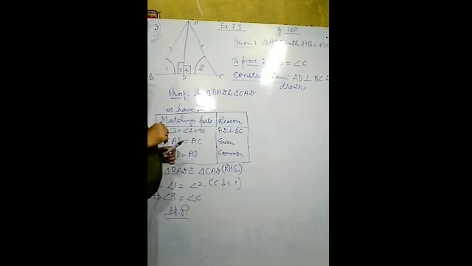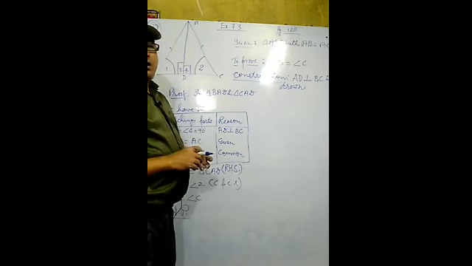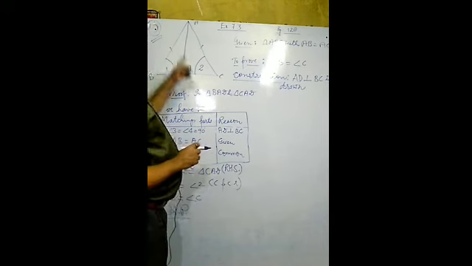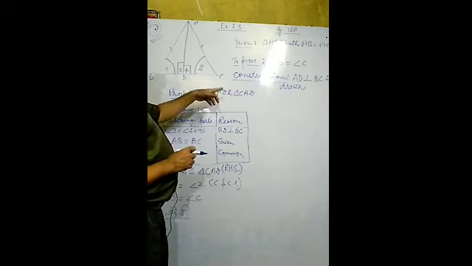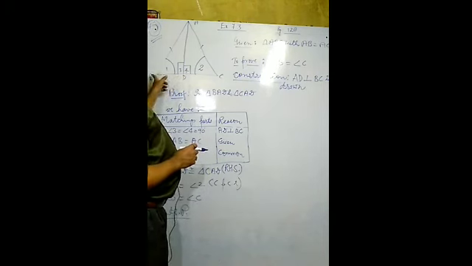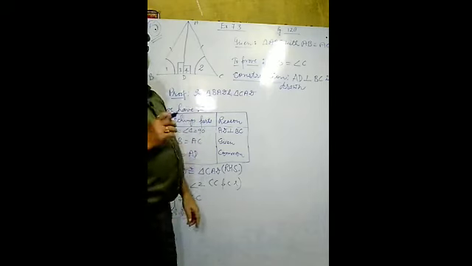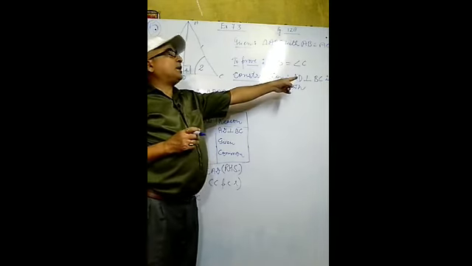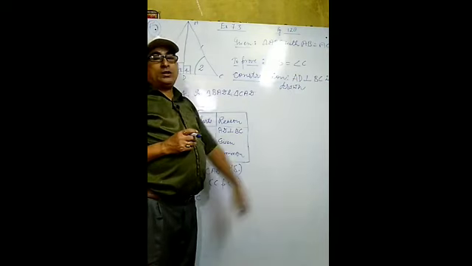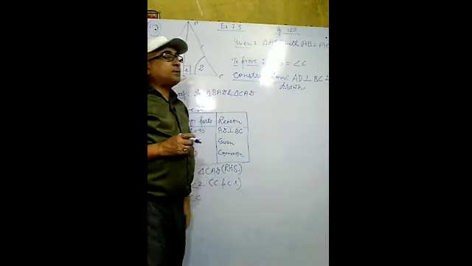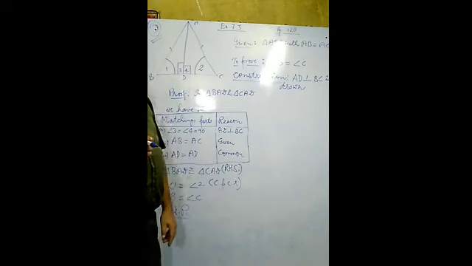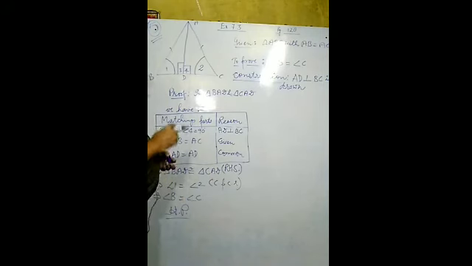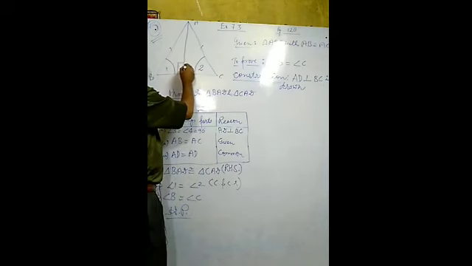But the condition is given, we have to draw a perpendicular from A on BC, meaning AD is perpendicular to BC. This is the part of construction. AD is perpendicular on BC, this will be drawn there. If AD is perpendicular on BC, what about angle 3 and angle 4?